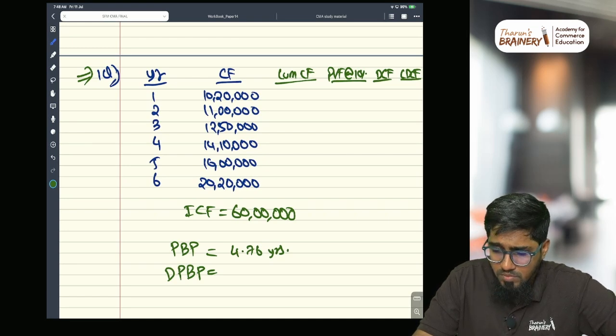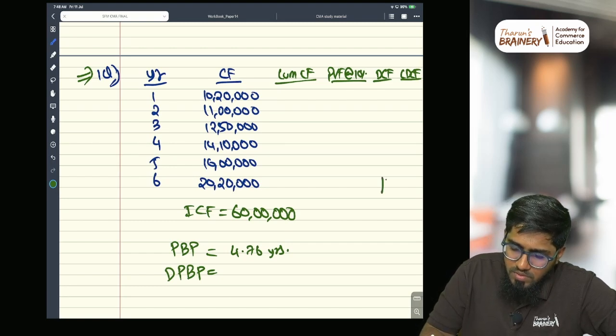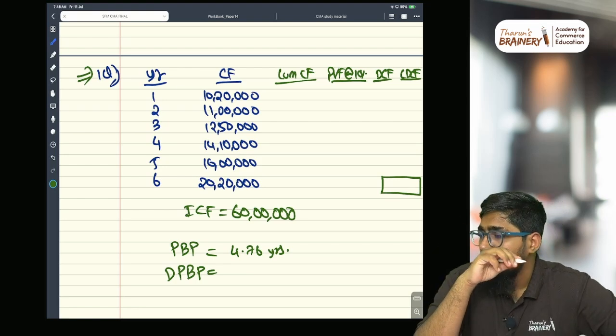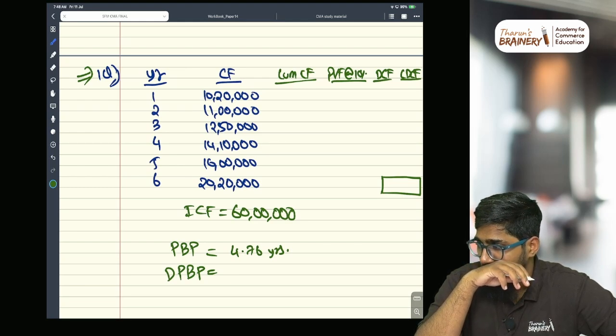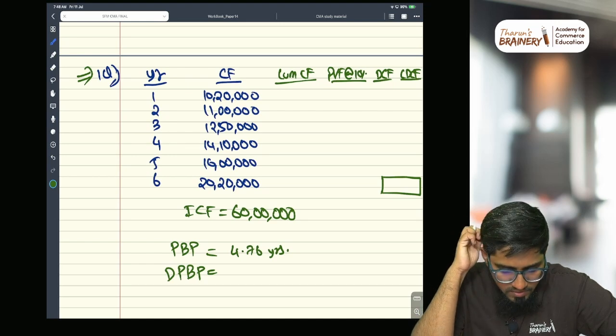Everyone try to solve. Tell me what is the cumulative discounted cash flow for the 6th year. So from there we will get to know. So how much you are recovering till the 6th year? 58,72,207.